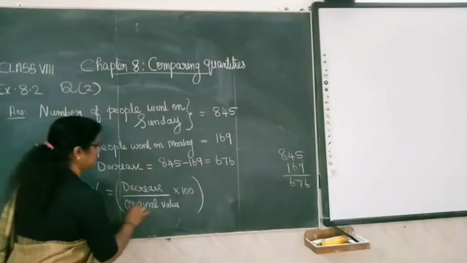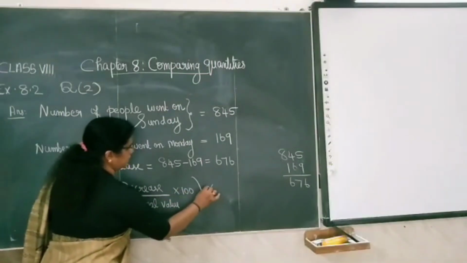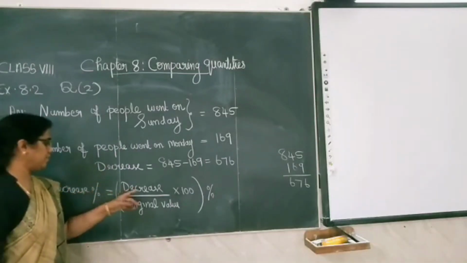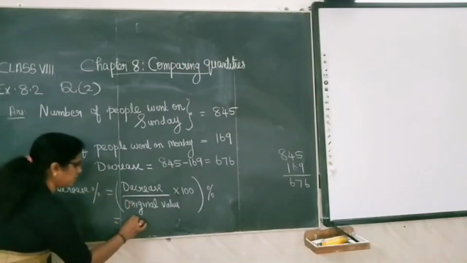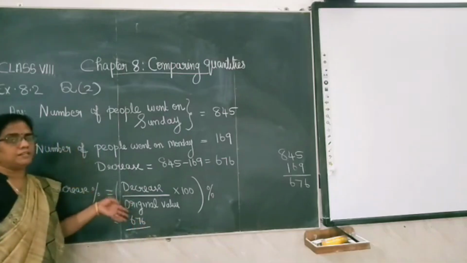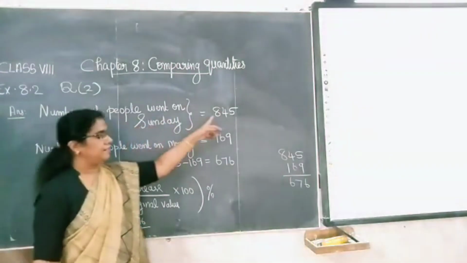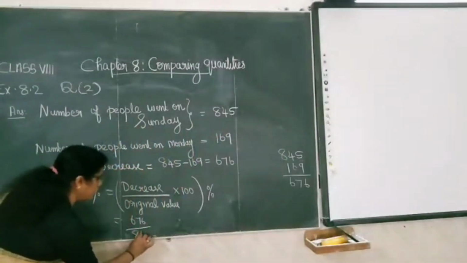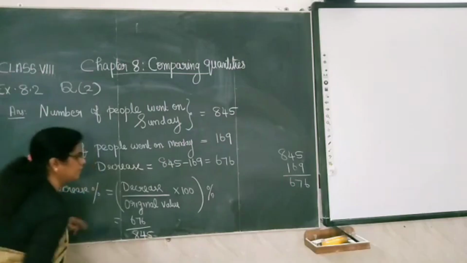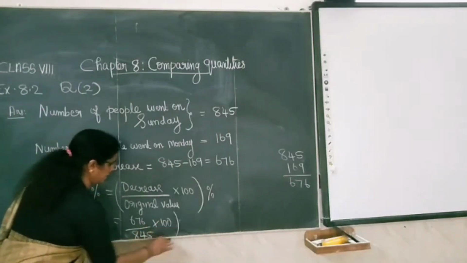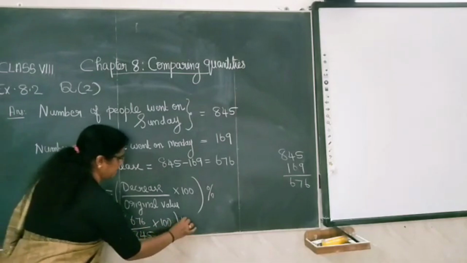Then percentage. Therefore here decrease is 676. Now 676 and original value means the first value, which is 845. So 676 by 845, then multiplied by 100, then percentage symbol.